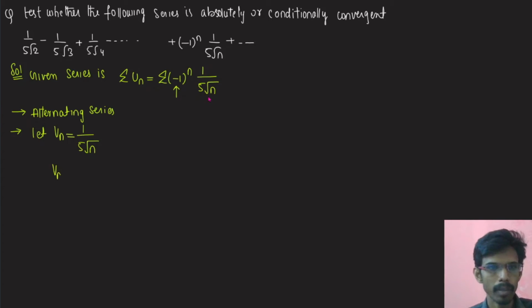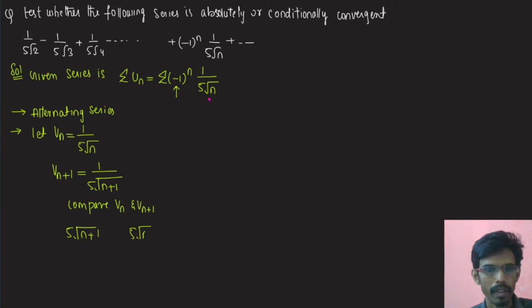Now get the next term, that is Vn plus 1, that will be 1 by 5 root n plus 1. Now compare Vn and Vn plus 1. Write down the denominators. We have 5 root n plus 1 and 5 root n. By carefully observing, the left hand side is more than the right hand side, so this will be greater.